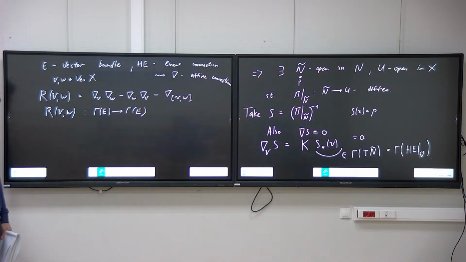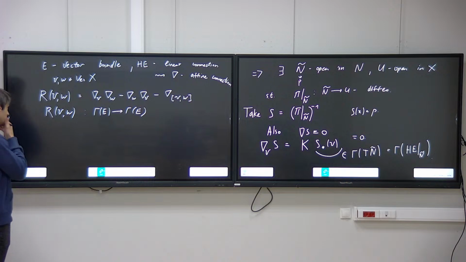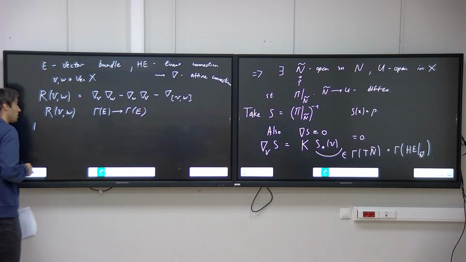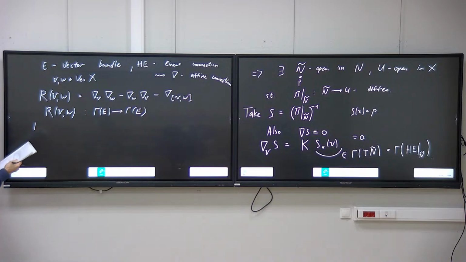Right? But you can also apply it to some section, right? So what I want to say is that this map is a linear map.